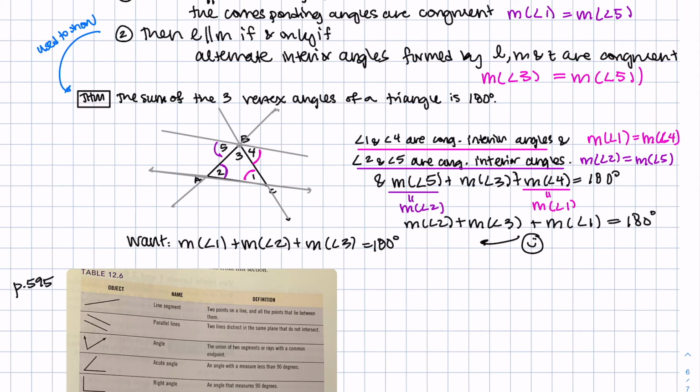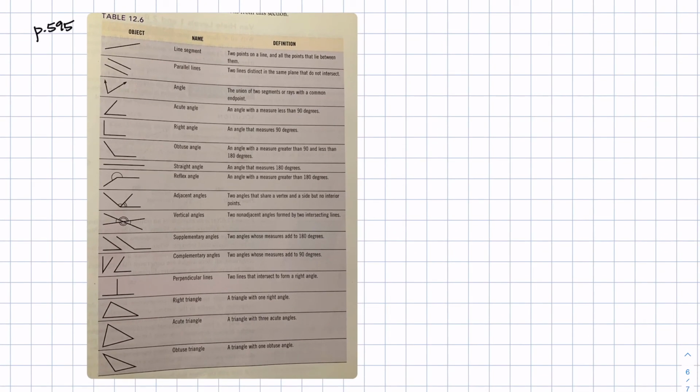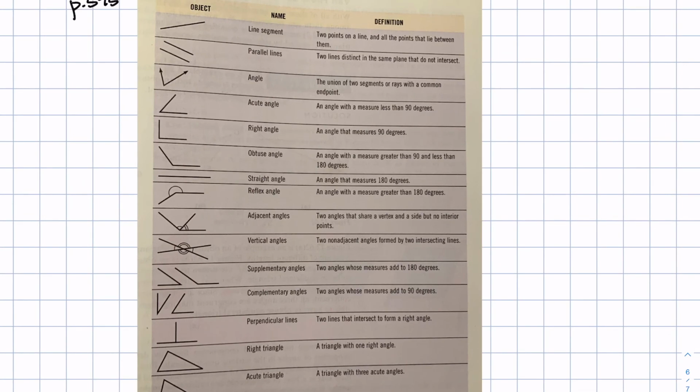So you can see this on page 607, and they tell you a little bit about where this result comes from. But the sum of the interior angles, these ideas do generalize to larger polygons, not just triangles. And this is kind of where that starts. Okay, so I also wanted to point out on page 595, there is a nice table with all of these terms referring to angles that we've talked about.